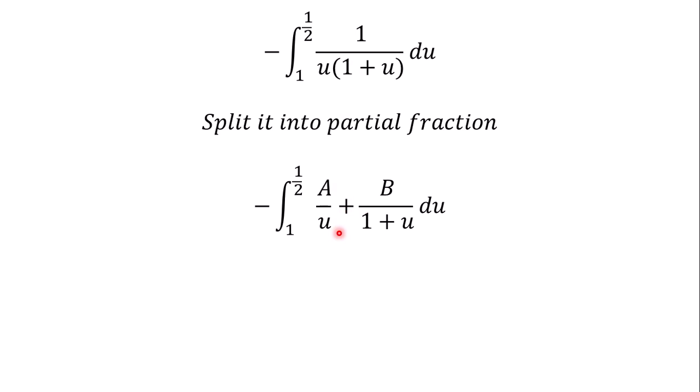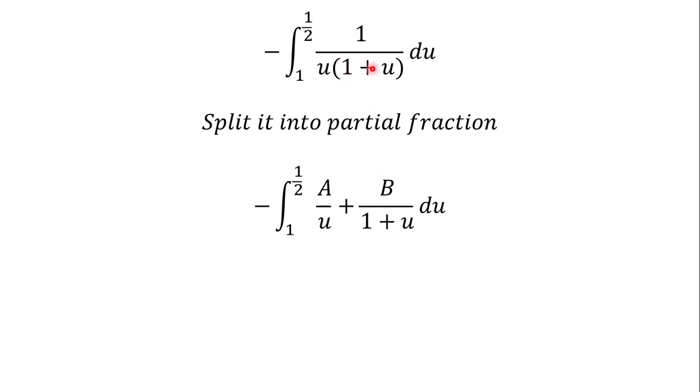Okay, and how is the equation going to be formed? The equation is going to be 1 is equal to A into bracket 1 plus u, plus B times u. And how did we get that? This one came directly from here, so whatever this one gives should be equal to this one.